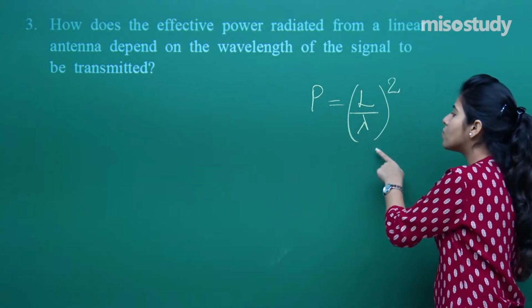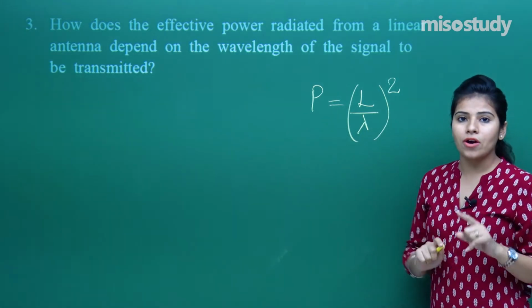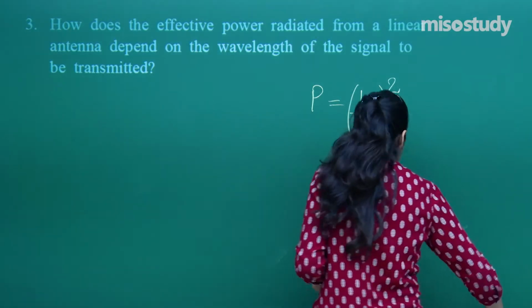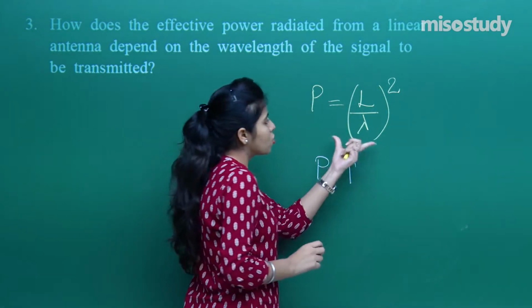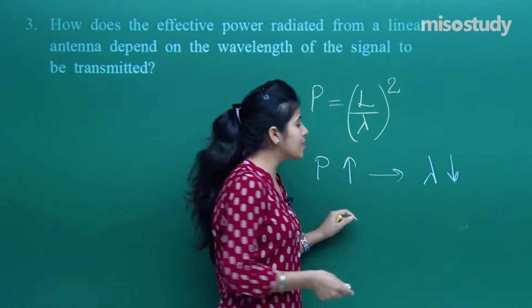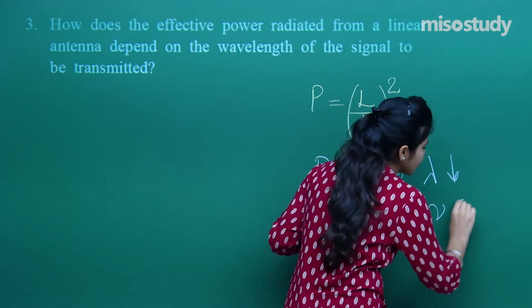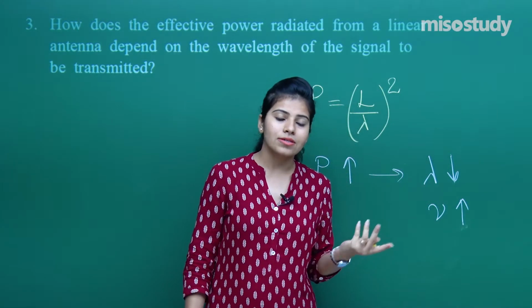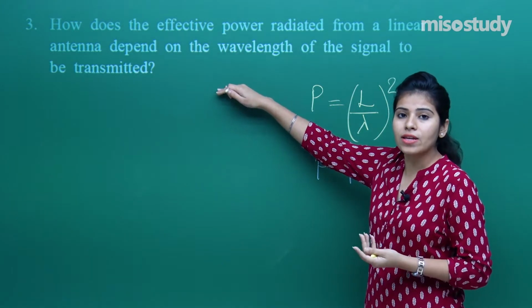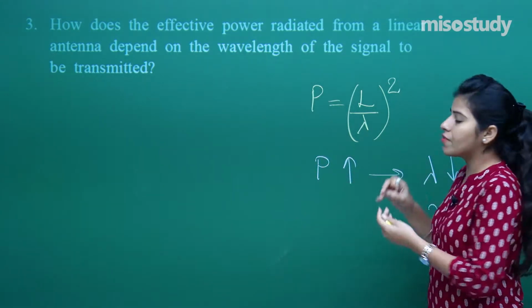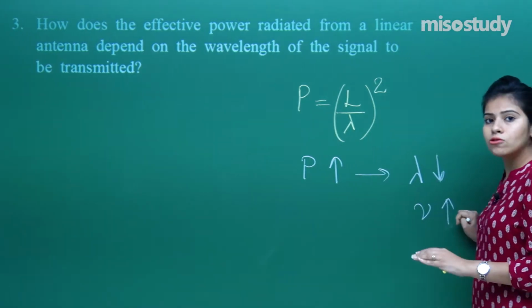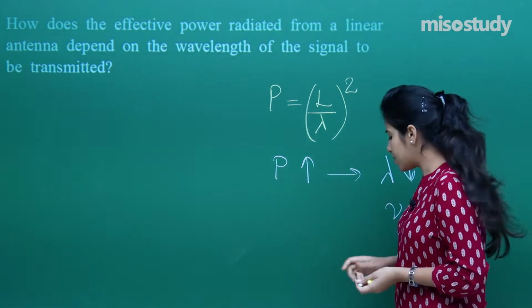That means the power radiated is inversely proportional to the wavelength, so to get more power, your wavelength should be less, or consequently, when wavelength is less, frequency will be greater. This is the conclusion out of here. So when you have to find the relation between the power radiated and the effective length of the antenna, we have the relation like this, and these are the conclusions we can draw. Simple as that.